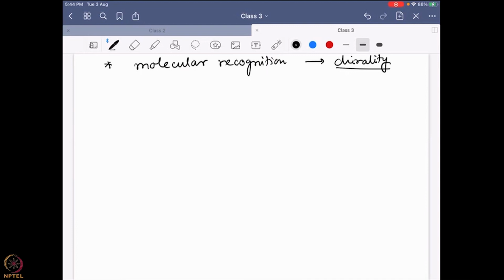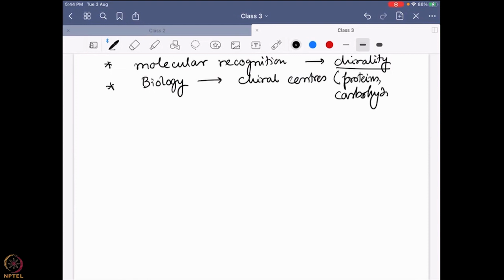And then we figured out that biology is a system which has a lot of chiral centers. Those chiral centers come from the proteins, the carbohydrates, and even the nucleic acids, RNAs and DNAs, all those things.